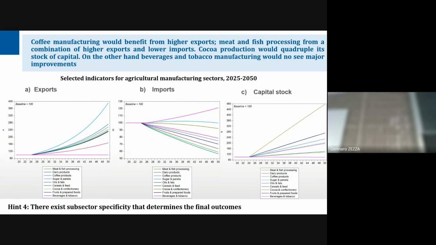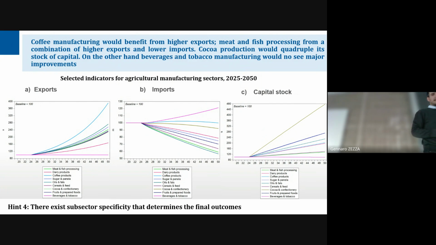And when we look at capital, both coffee and meat are already relatively capital intensive compared to other sectors. But when we look at capital compared to the baseline, the sector that benefits the most is crop production.